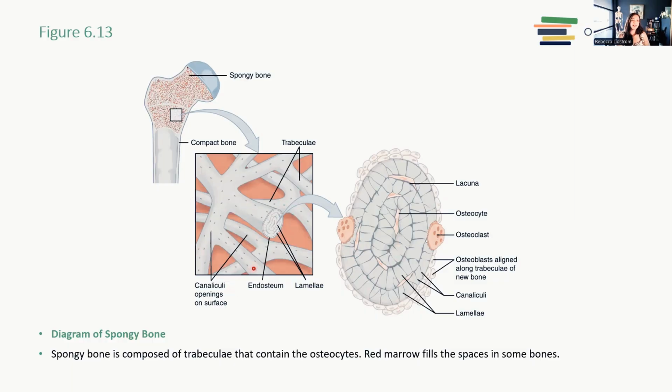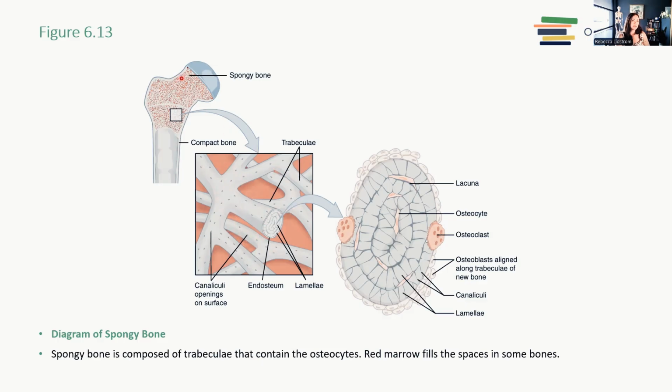Here you're looking at an up close view of the trabeculae pattern we see inside the spongy bone. Notice that there still are going to be the lamellae, or the concentric rings, and the endosteum on the outside of this trabeculae that makes up all this spongy bone. So while this is spongy, and we looked at the compact just a moment ago, what makes it spongy, if we look at it up close, is all of this hard bone material.